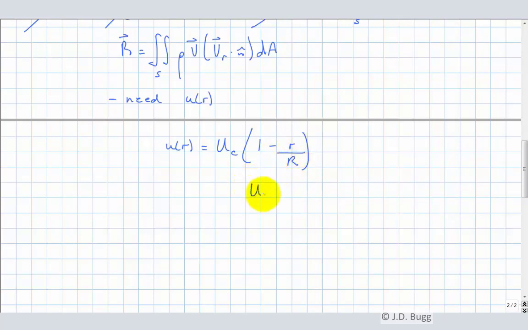Well, uc is the center line velocity, and big R here is the radius of the pipe. So we're talking here about the velocity profile at the inlet.